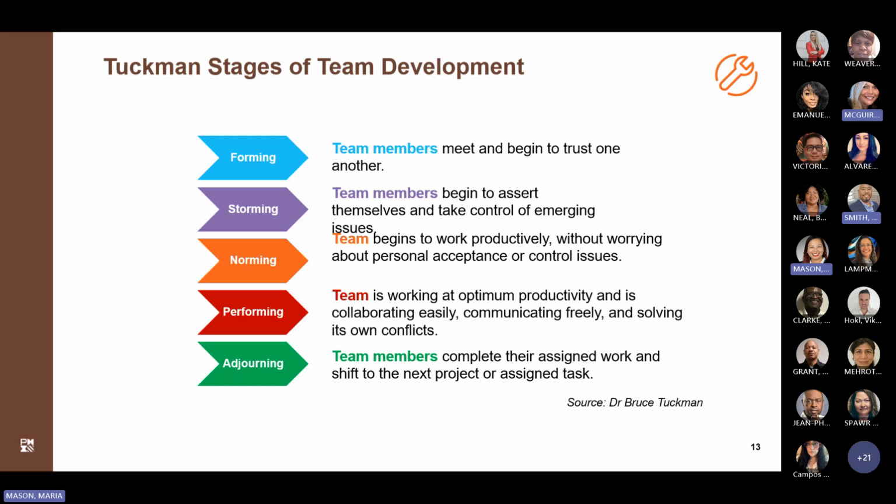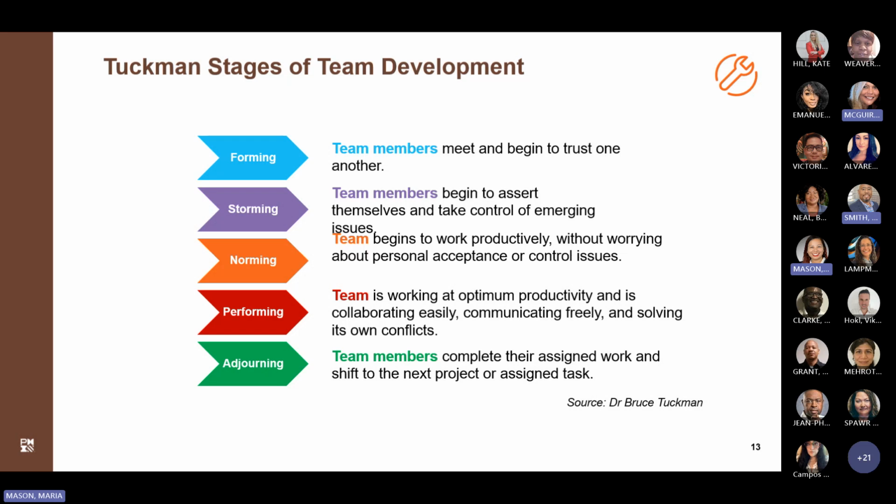Norming is when the team begins to work productively without worrying about personal acceptance or control issues. Performing is when the team's at optimal productivity, they're collaborating easily, communicating freely, solving their own conflicts. This is utopia in the performing stage. In adjourning, team members complete their assigned work, and they shift to the next project or task.